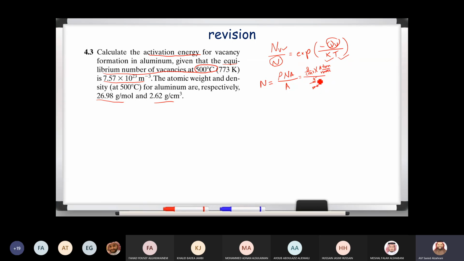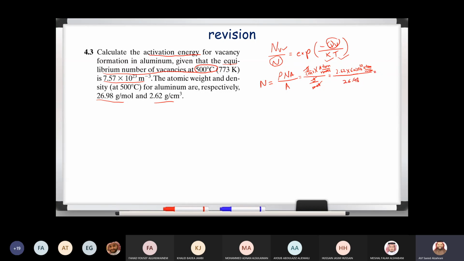This one will cancel out, this one will cancel out, and we'll get atom per centimeter cubed, so everything is good. So just substitute the numbers here. The rho we have is 2.62, and the NA is 6.02 times 10 to the power 23 atom per mole. And finally, we have the atomic weight, which is 26.98.